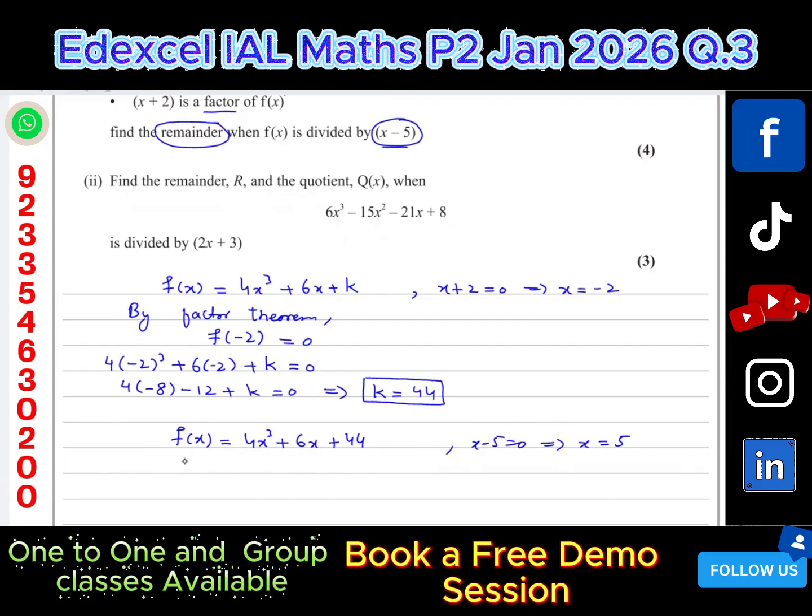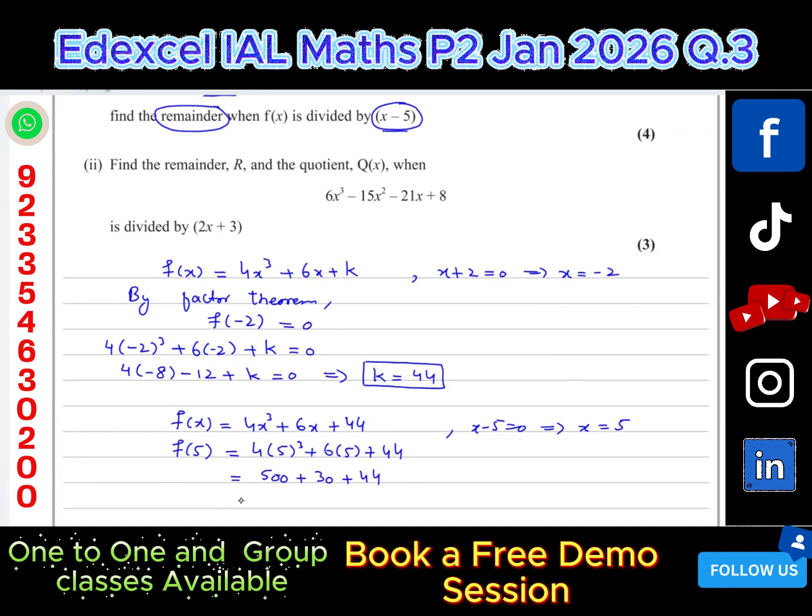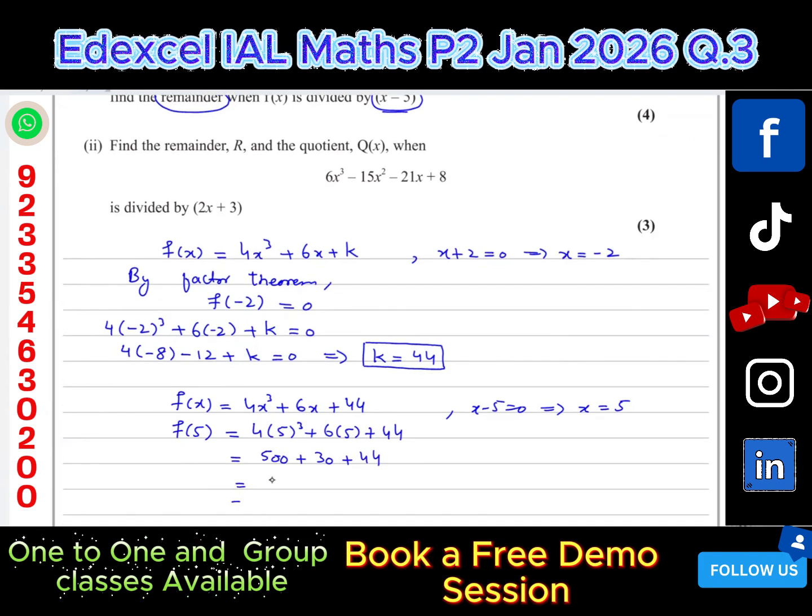Now we have to calculate f of 5. 4 into 5 raised to power 3 plus 6 into 5 plus 44, which is equal to 500 plus 30 plus 44, which is 574. f of 5 is equal to 574.